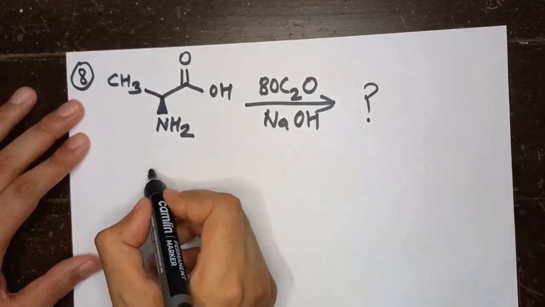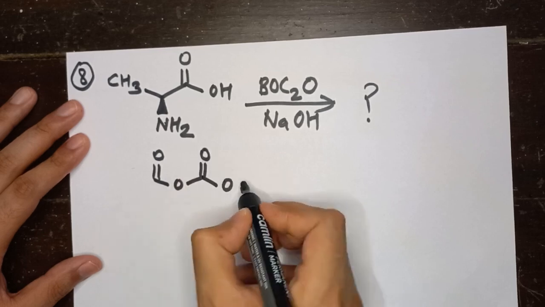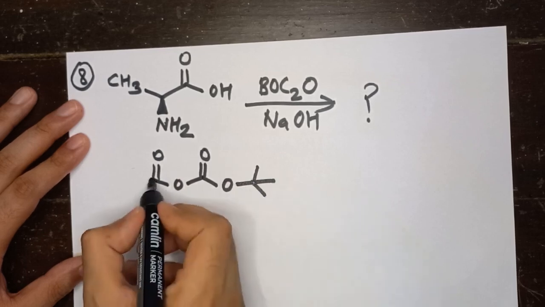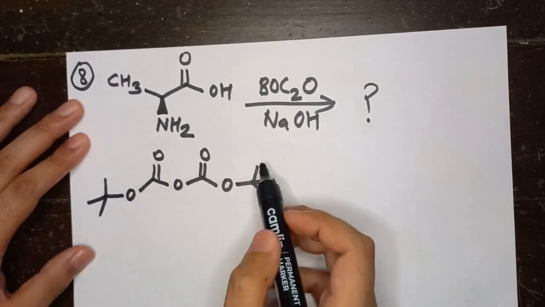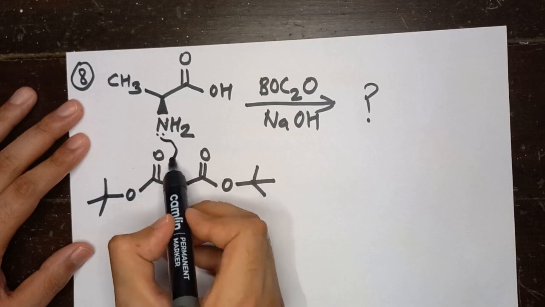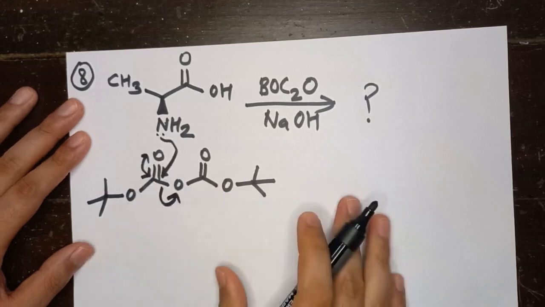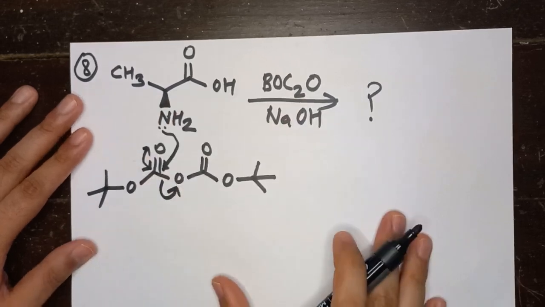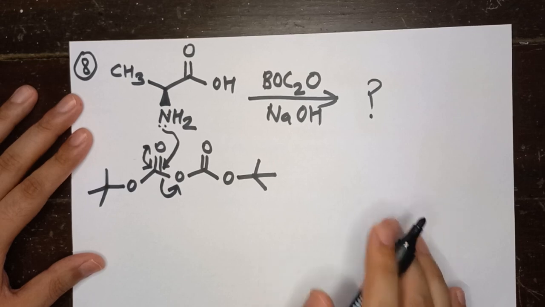Okay, so what is the structure of Boc anhydride? So this is an anhydride, and this whole group is called Boc anhydride. So simply this nitrogen lone pair will attack at this carbonyl through conjugation. This whole group is going to leave. Again, I have discussed all this in detail in my previous video where I talked about protection and deprotection of amines.